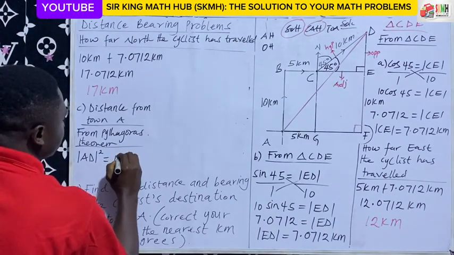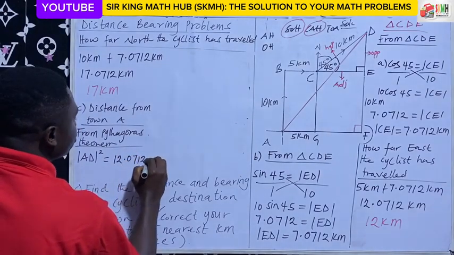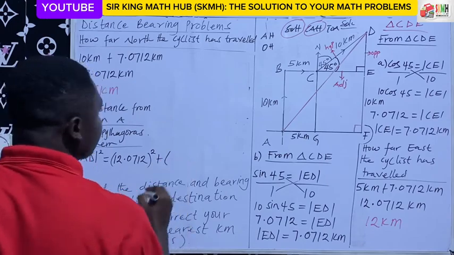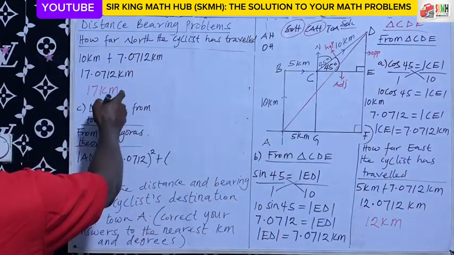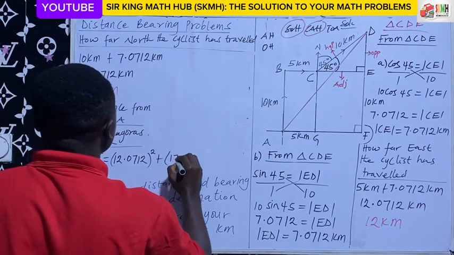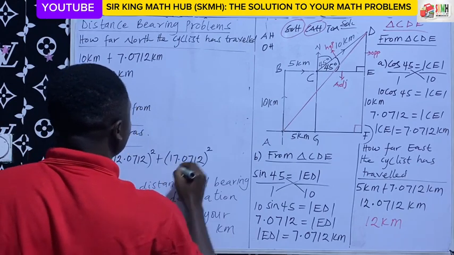We're going to use the 4 decimal places. So 12.0712 squared, plus how far north you traveled. We're not going to use the estimated value. We're going to use these 4 decimal places, 17.0712 all squared.